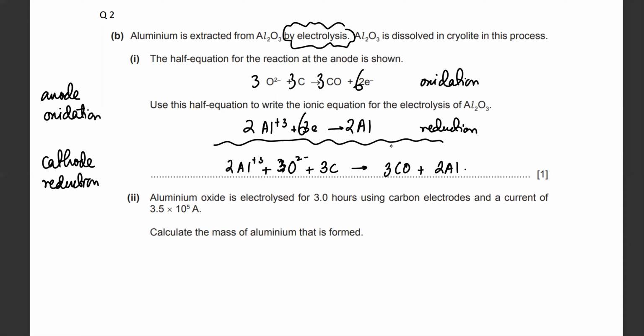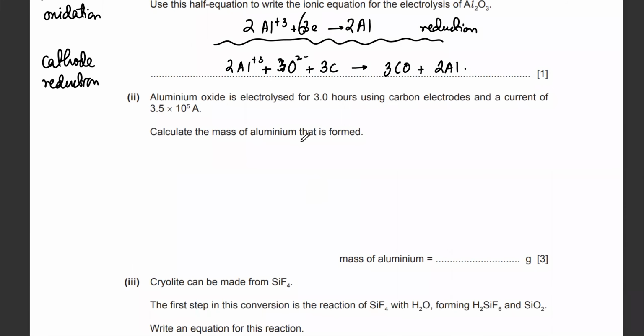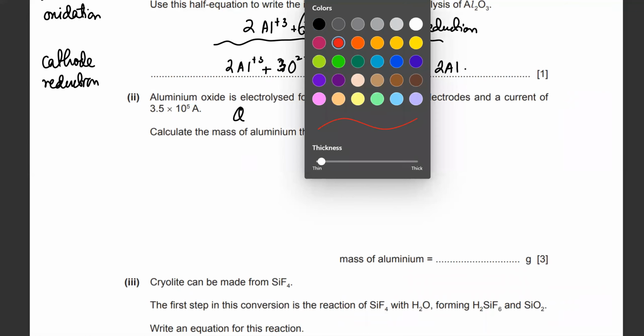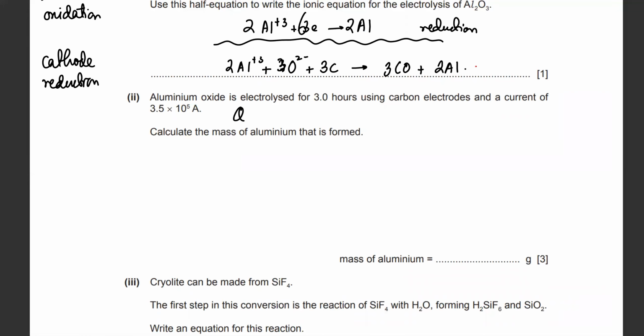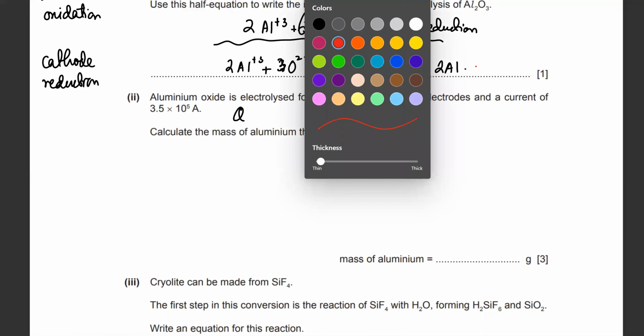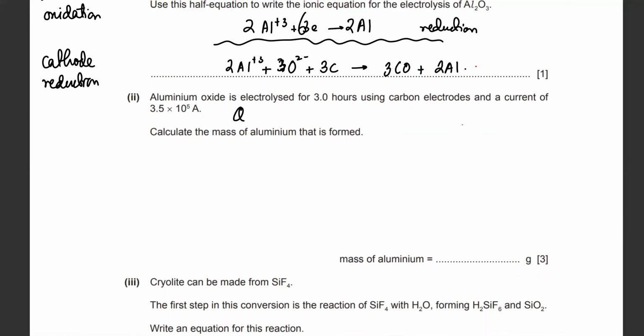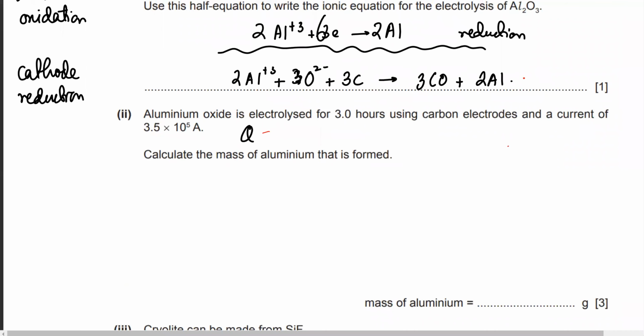Next, we did do the Faraday constant, right? The next one is calculate the mass of aluminium that is formed. You're given current, so you can use Q equals It.